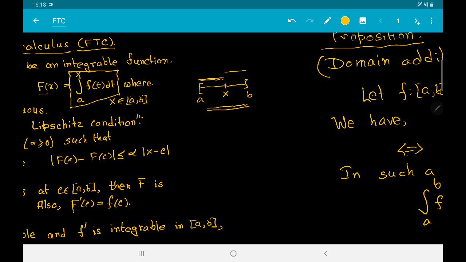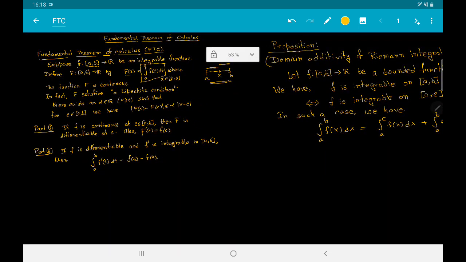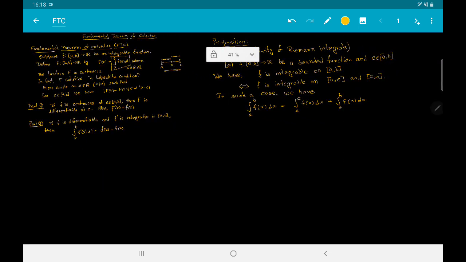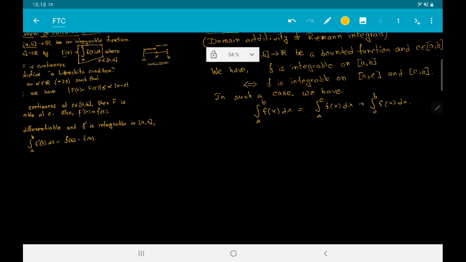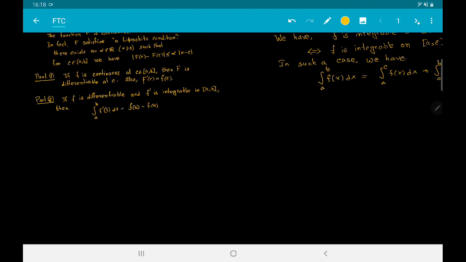Also we have f is integrable on this interval, but in the statement of the fundamental theorem of calculus, we do not make use of this fact. Now how do we make use of such statements? Let me work out an example.